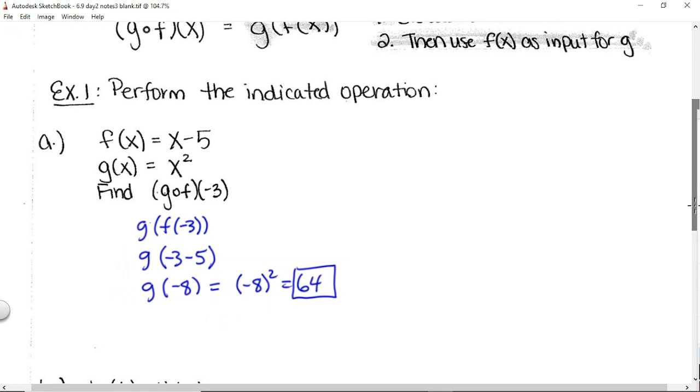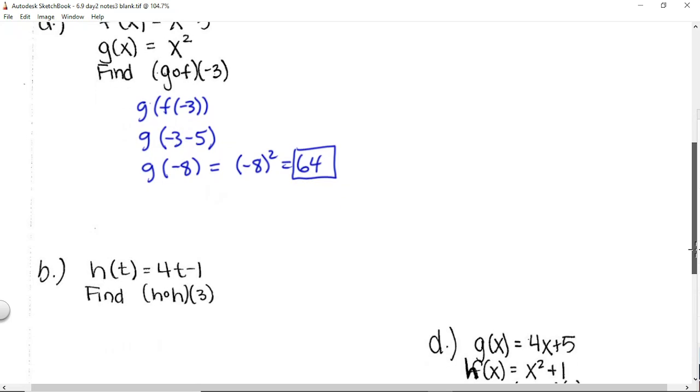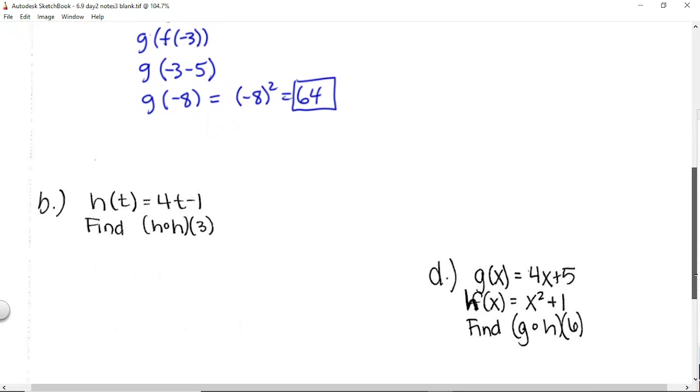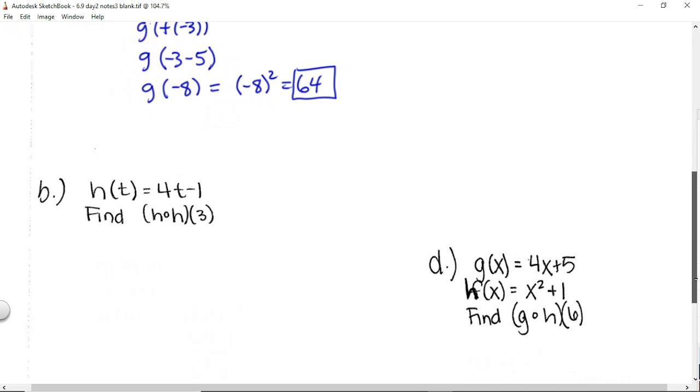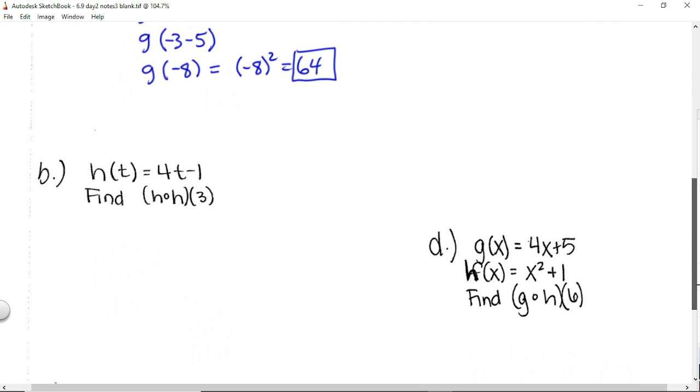Okay, let's look at another one. So we have h defined, and now we're going to find h of h of 3. We're composing h with itself, you might say. So we could write that this way.